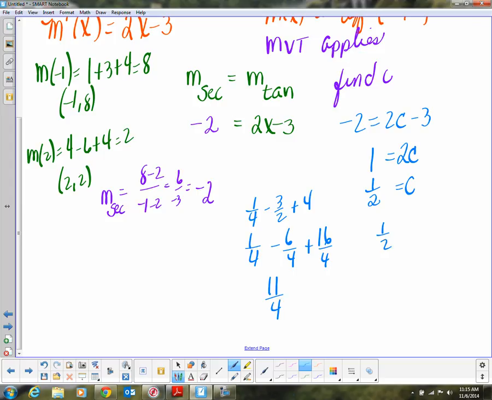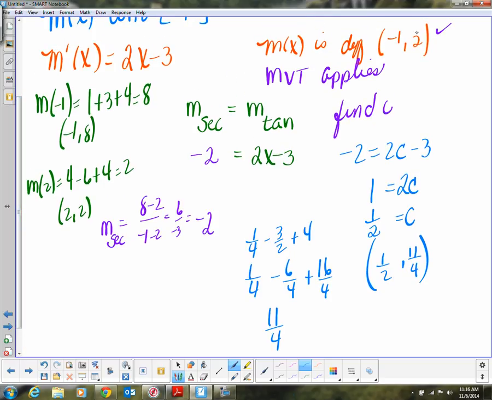So at 1/2, 11/4, the slope of the secant equals the slope of the tangent on that interval. What I was doing was m of 1/2. So I think you should keep this review to study from. Would you agree? Okay. I will post not only the answers, but the work with it.